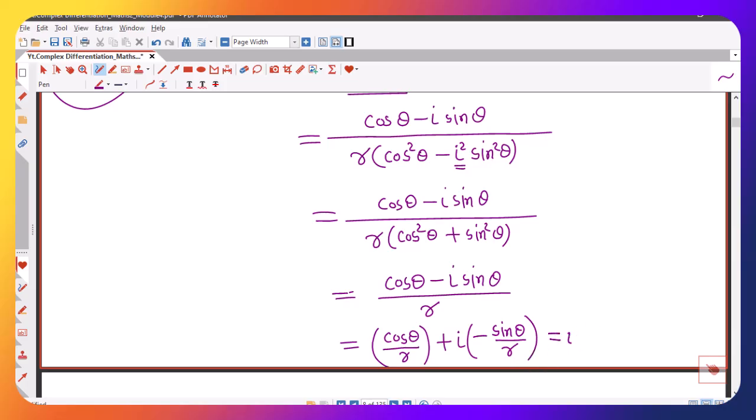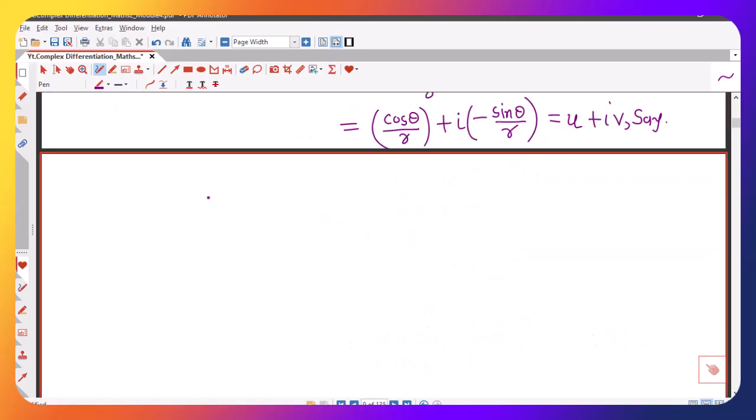And if we compare with say u plus iv, then we find that real part is cos theta divided by r and imaginary part is v equal to minus sin theta divided by r.